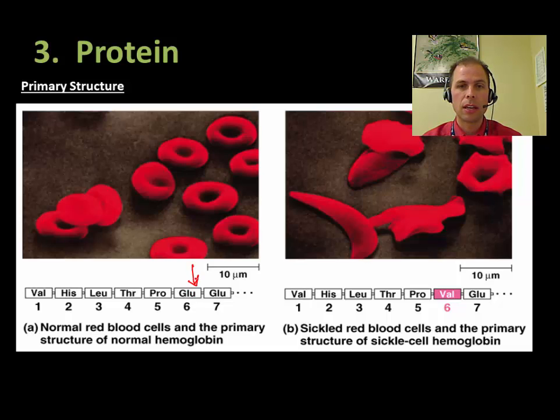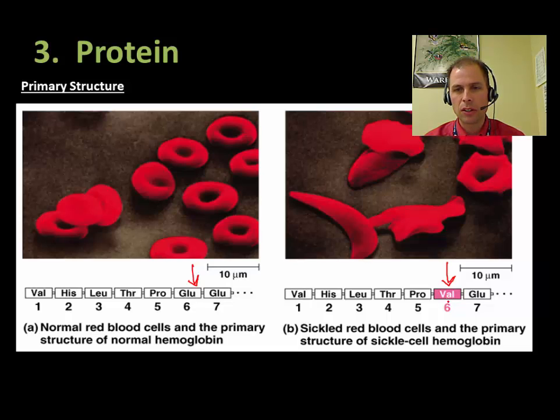Here you see the amino acid glutamine that exists as the sixth amino acid in a sequence of 146 different amino acids that form the hemoglobin molecule in humans, a molecule which is responsible for carrying oxygen in red blood cells. That molecule, unfortunately, in the right sequence, is shown to have a different sixth amino acid, in this case valine.